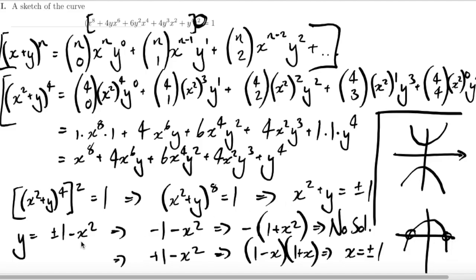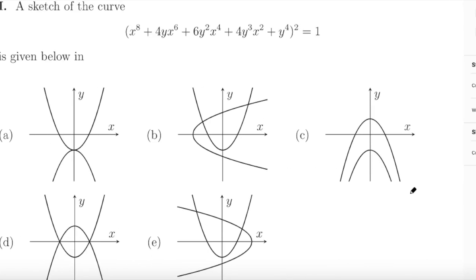So the two curves overlaid on each other would look like this one and this one. So that's the sort of shape we're looking for here in our answers. So I'll just swipe across the answers. Here they are. Remember, the shape we were looking for was our no solutions and our two solutions shape. Well, that's obviously C.